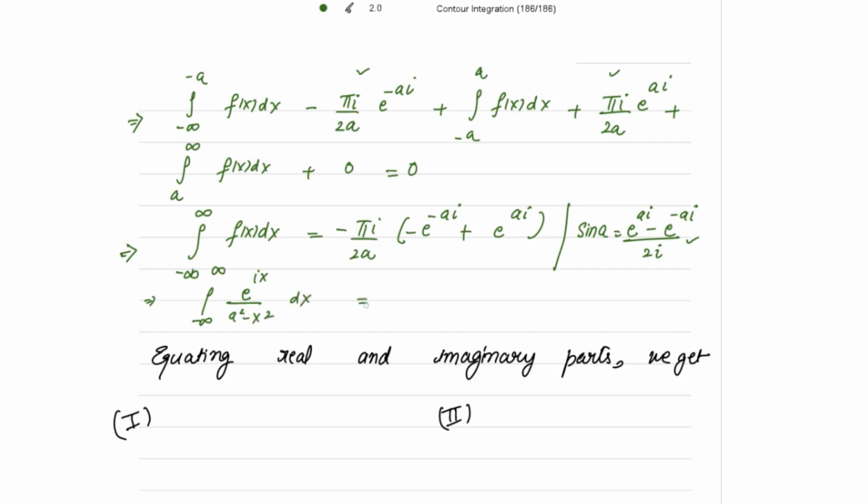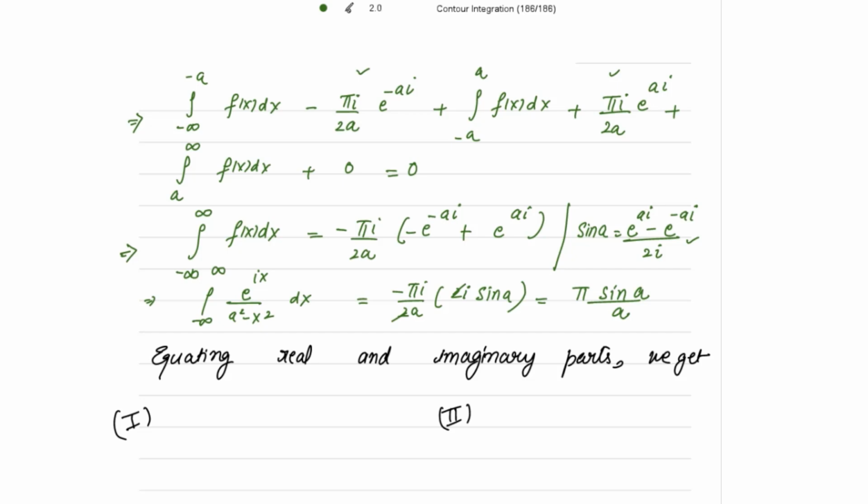So this is equal to minus pi iota over 2a, and instead of e to the power a iota minus e to the power minus a iota, this will become 2 iota sine of a, right? 2 is cancelled out, and iota into iota is iota square, that is minus 1, which is cancelled with this. So this is equal to pi sine of a over a.